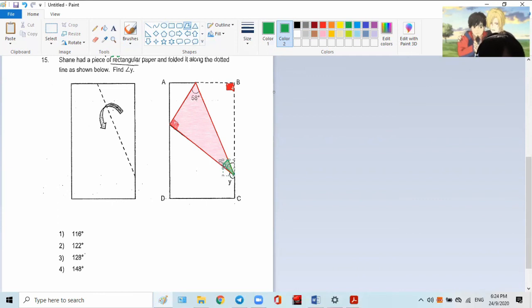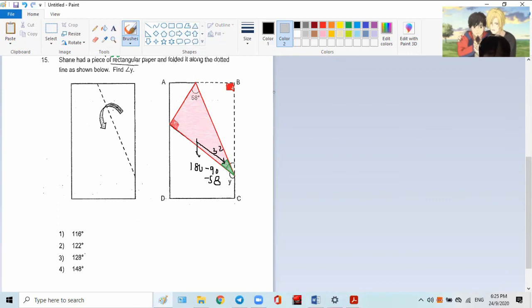Can you see now? So what is it? Do you know how to find it? Because the angles in one triangle add up to 180 degrees, right? The pink color triangle is 180, right? So we have 180 minus 90 minus 58, which will give you the green color one, which is 32. So if it is 32, they want to find angle y.